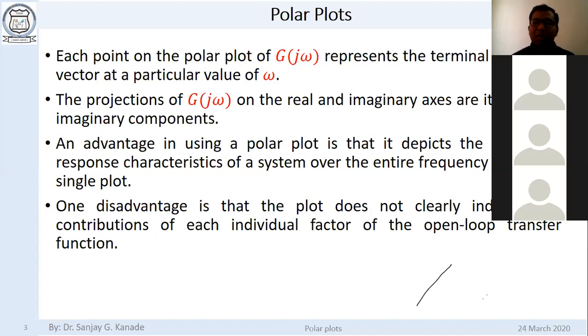However, the disadvantage is we cannot clearly indicate contribution of each individual factor. Now, what does it mean? If you recall, in the Bode plots we used to have some sections for each component, like integral or derivative component, or a first order factor in numerator or denominator.